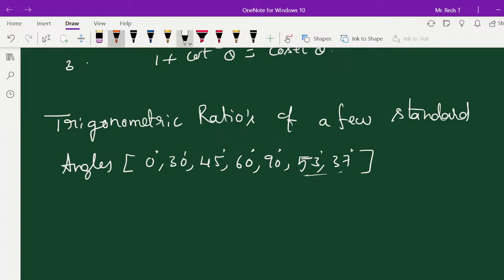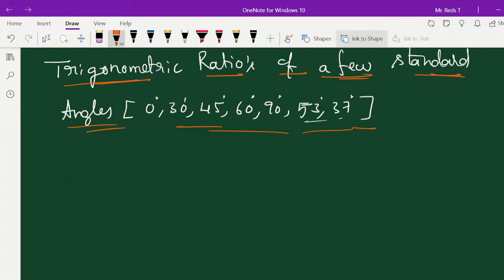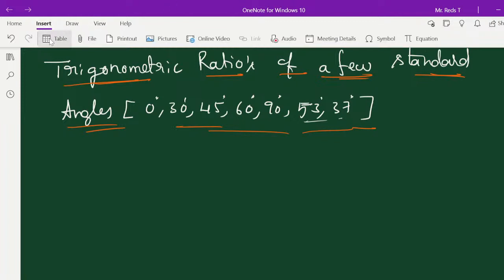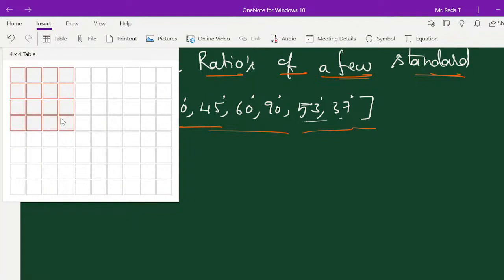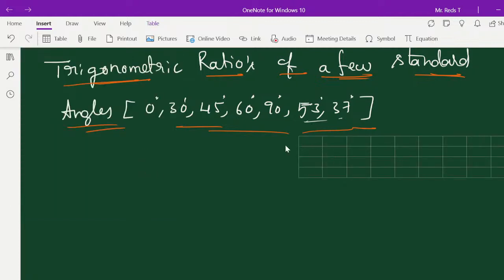Let us write these values in the form of a table so that you can remember them easily. Let me insert a table.